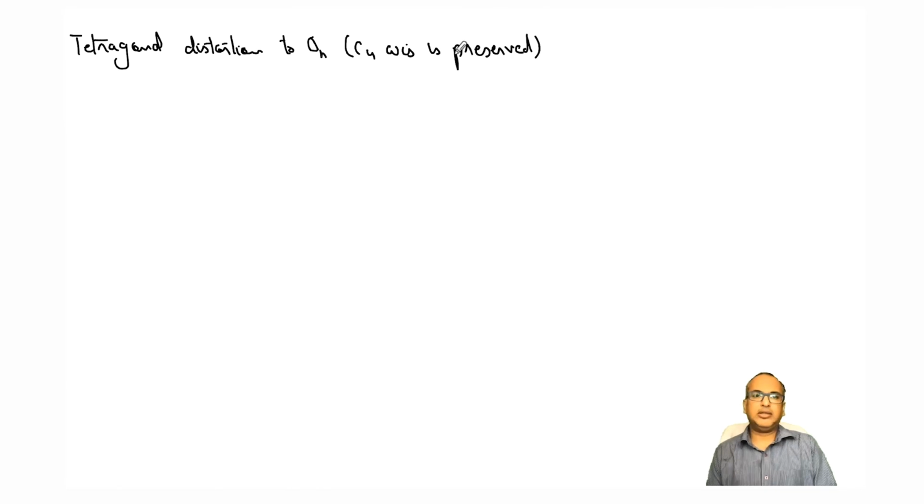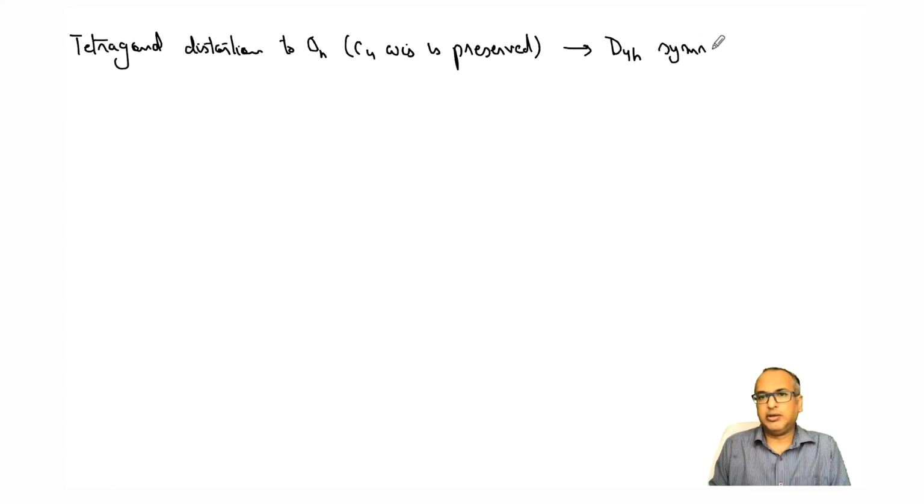That means there is a descent in symmetry and it undergoes D4h symmetry, right? The final symmetry is from Oh you end up in D4h, descent in symmetry.